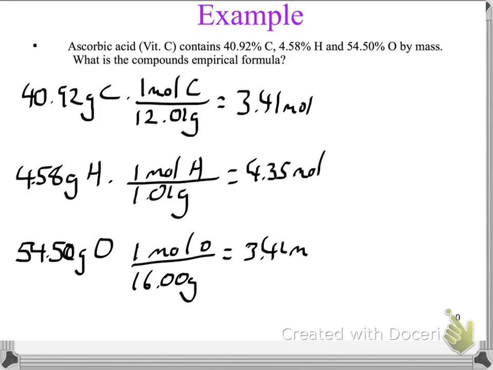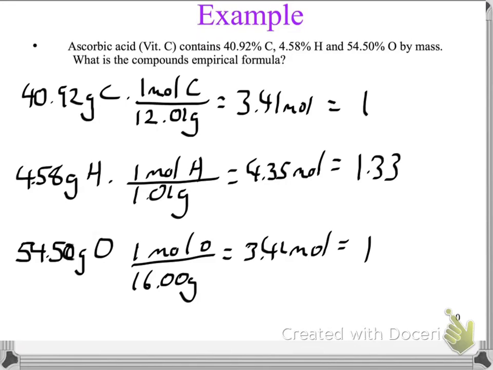mole of oxygen. So finally, you divide by the smallest, and the smallest in this case is 3.41, so divide all of them by the smallest, and you get 1, you get 1.33, and you get 1. And so this is your rough ratios.